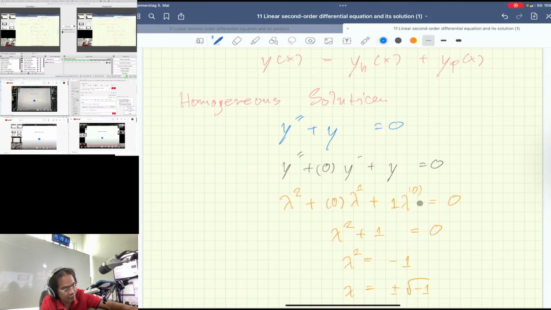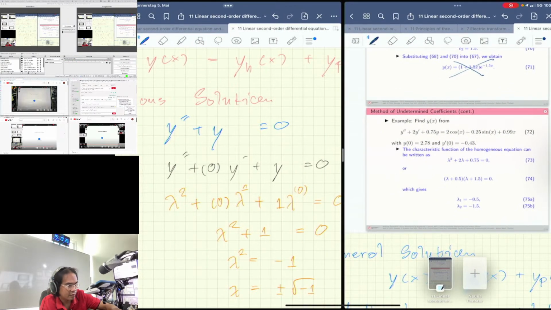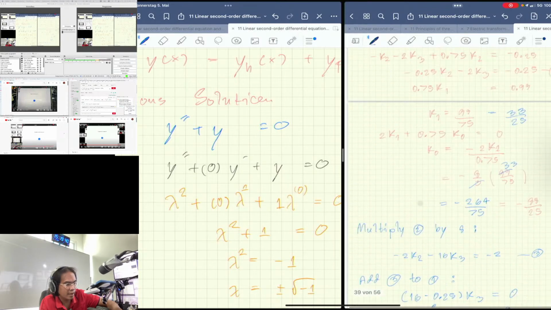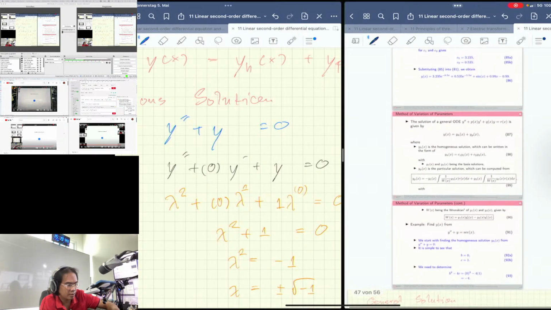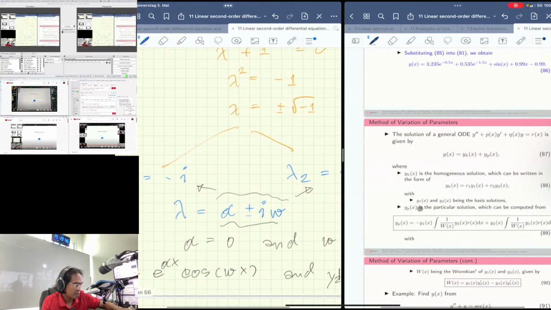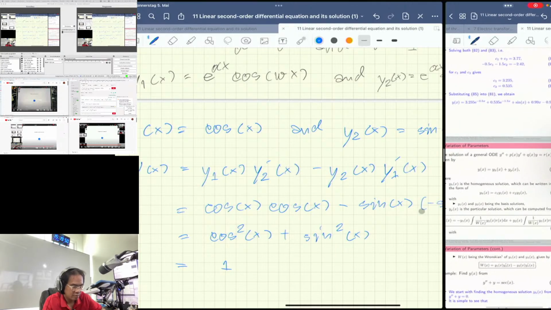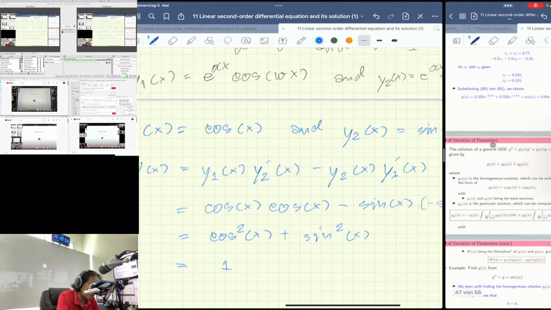Oh, I cannot remember the formula. In the exam, I'm going to provide the formula to you. You don't have to remember, because once again, this number 1 makes it quite simple.